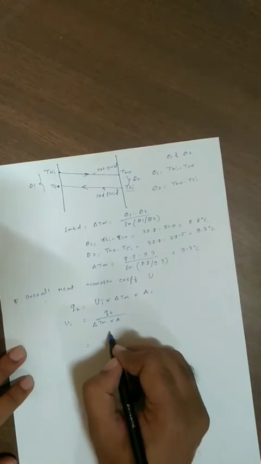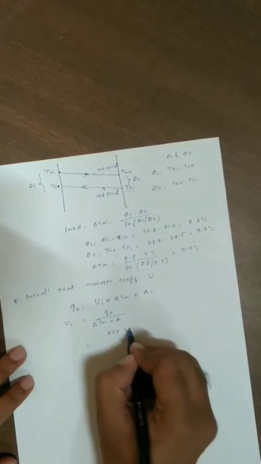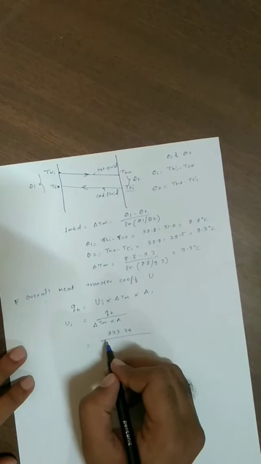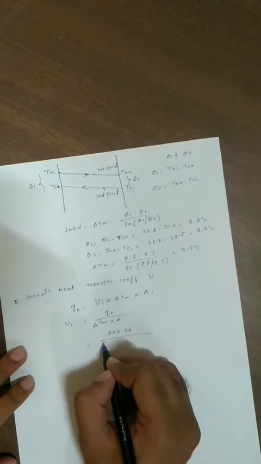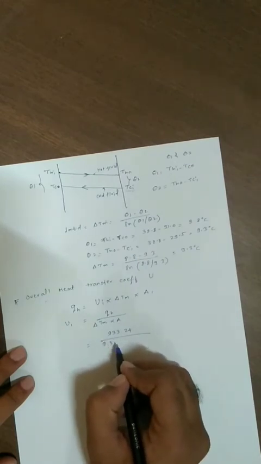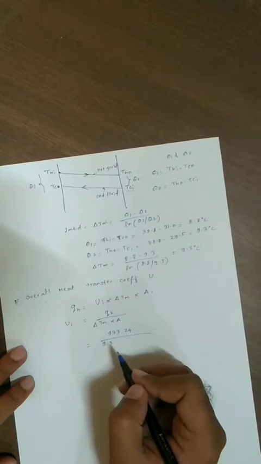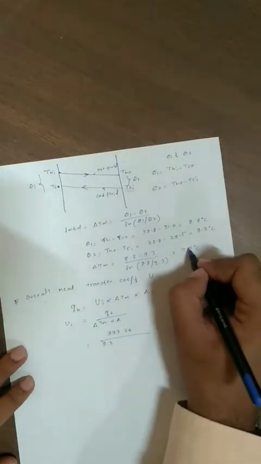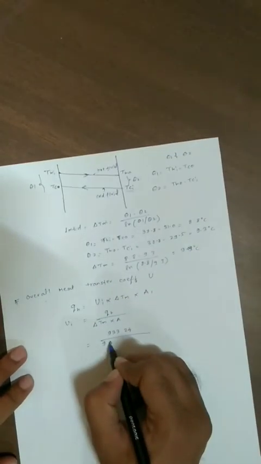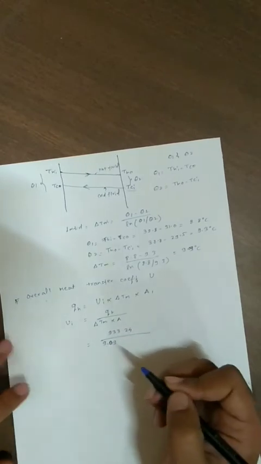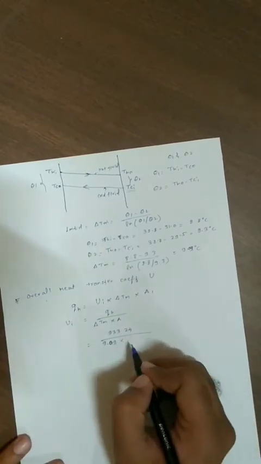QH we have already found out, it is 933.24. Delta Tm we have already found out, it is 9.3 degrees centigrade. The difference is 9.09. So what about area?